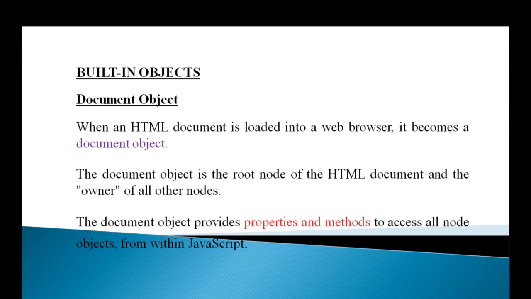If we want to make any changes in a document that is displayed on a window, then we can use this document object. Document object is the root node of the HTML and all the other nodes will be accessed from this root node. It is the owner of all other nodes.